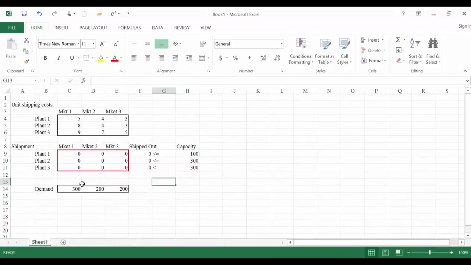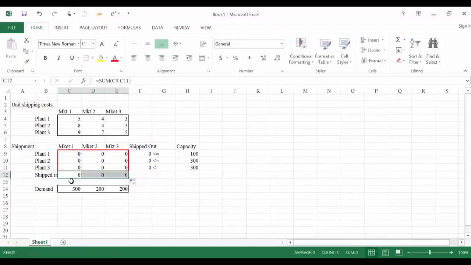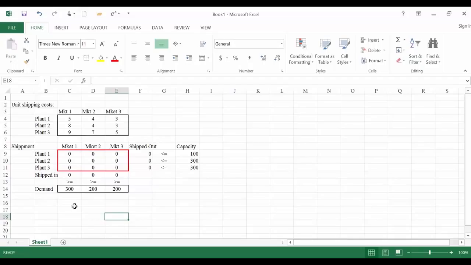All these are given, and we know that for the total shipped into each market, we simply take the summation of each column, which should be larger than or equal to the demand of each market. So let's put them into that format here.